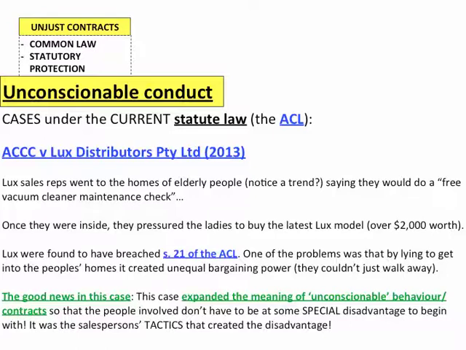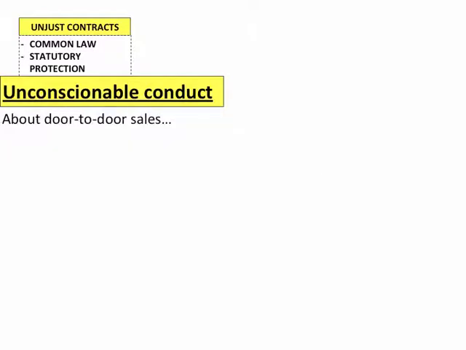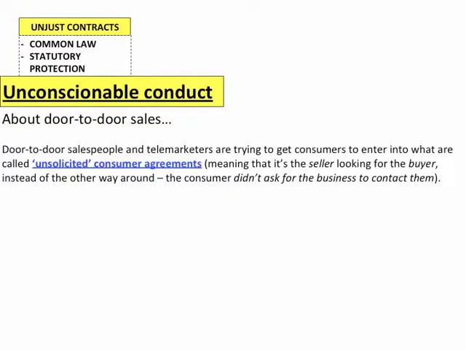Now this brings us to a point about door-to-door sales. We could pick another time to talk about this, but we might as well talk about it now because we're talking about the Lux people and the Craftmatic people. When it comes to door-to-door sales, and telemarketers as well, if you just bunch them all in one, they are trying to get people to enter into what they call unsolicited, unasked for consumer agreements, meaning that the seller is going after the buyer.